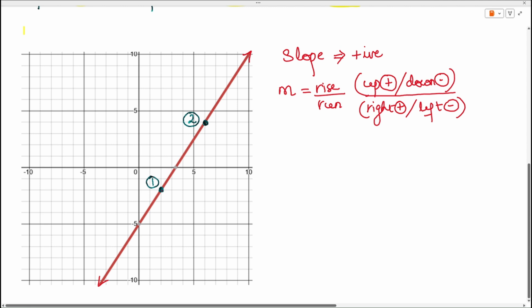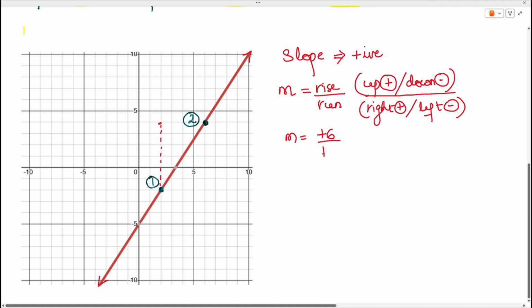Now let us look into this one. So we are going from point 1 to point 2. If we have to move from point 1 to point 2, we are moving up till here. So we have moved 1, 2, 3, 4, 5, 6 units up. And because it's 6 units up, it is positive 6. And now we are moving right.